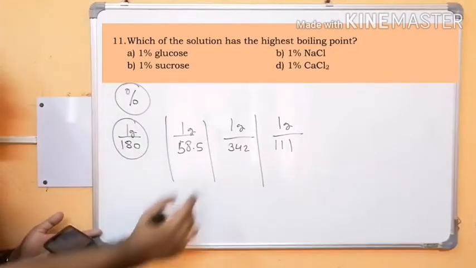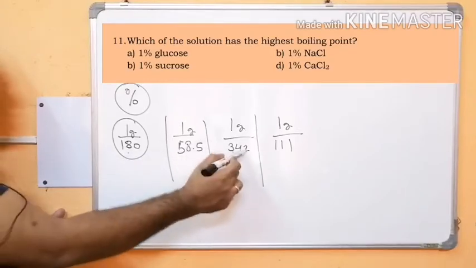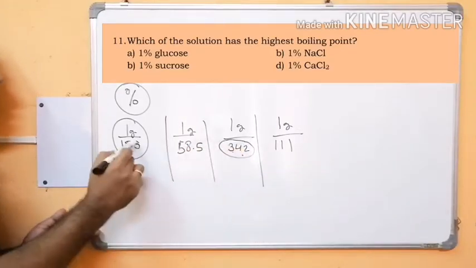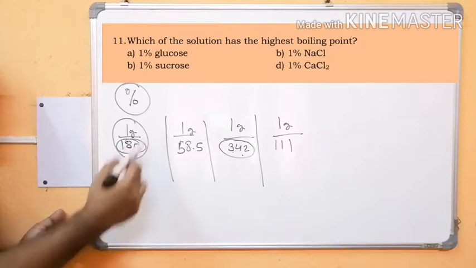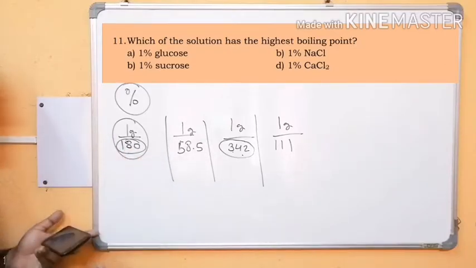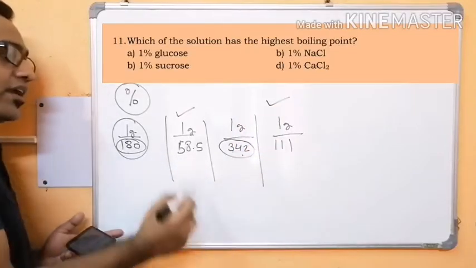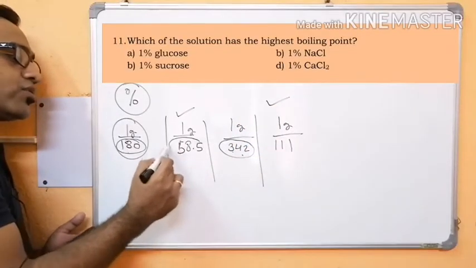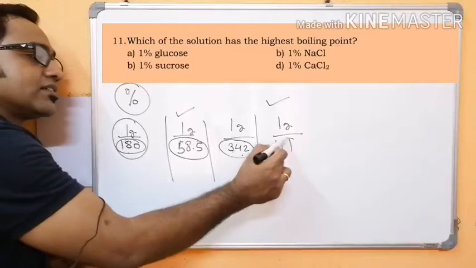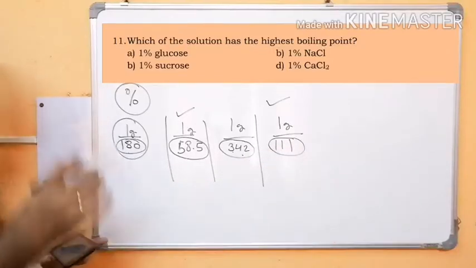So you can see in the case of glucose and sucrose, the denominator is so large that the number of moles will be very less. So we will only consider sodium chloride and calcium chloride. Again, in the case of sodium chloride, the denominator is almost half.